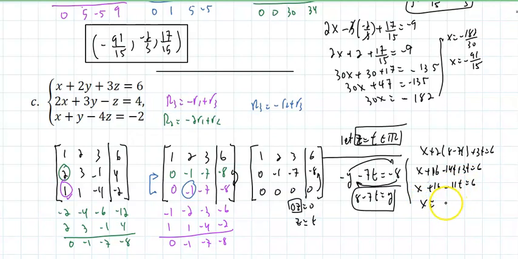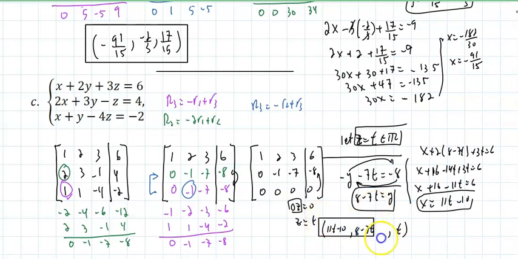So x would be 11t minus 10. So my solution would be: let z equal t, let y equal 8 minus 7t, and let x equal 11t minus 10.